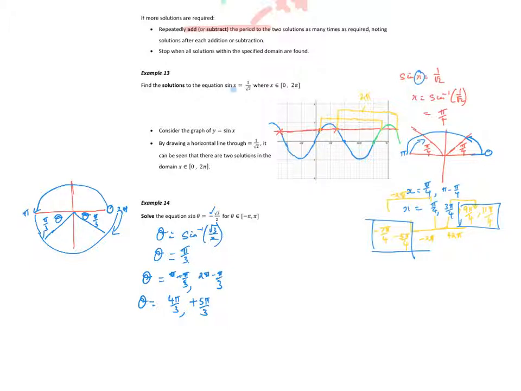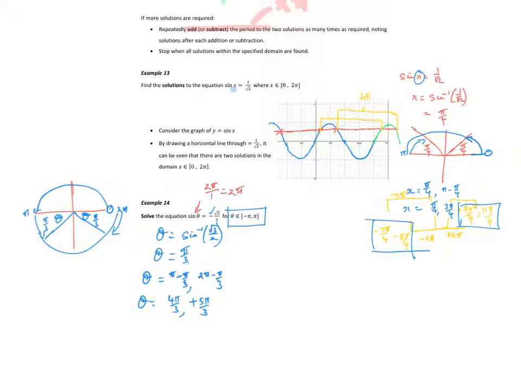Have a look at our domain. It's got to be between negative pi and pi, so I need negative solutions. So what I need to do now is, the period of my graph is 2 pi on 1, which is equal to 2 pi.